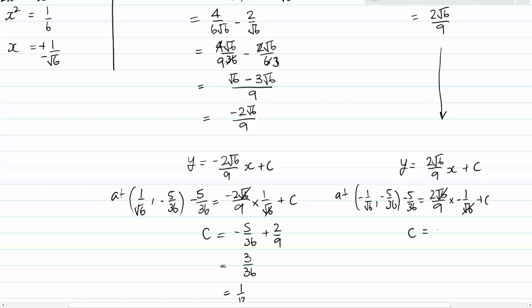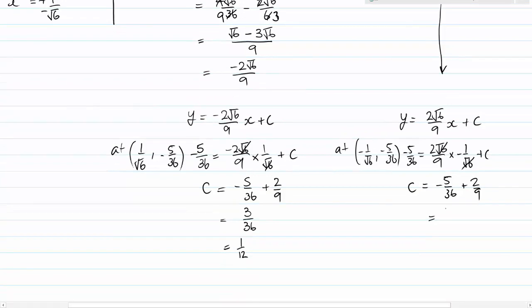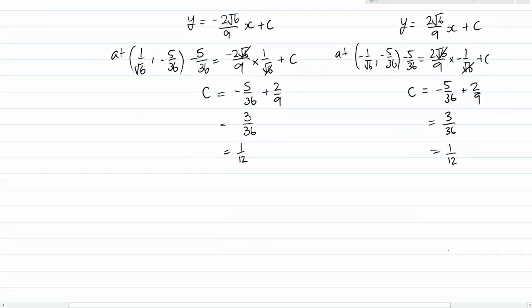I end up with c equals negative 5 on 36, but this time again plus 2 over 9, so again that's equal to 3 over 36, which is equal to 1 over 12, and so my two functions are y equals negative 2 root 6 over 9 x plus 1 over 12, and over here y equals 2 root 6 over 9 x plus 1 over 12.